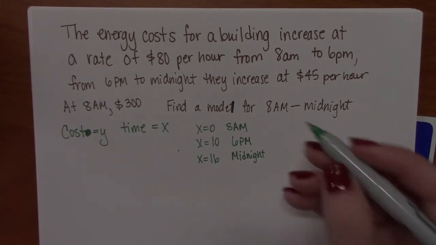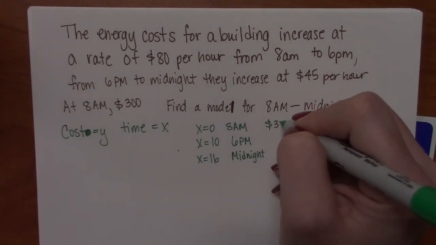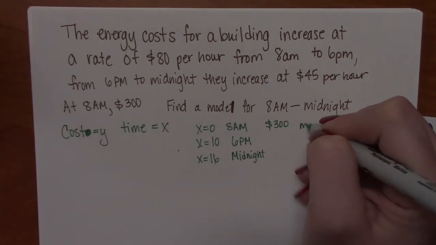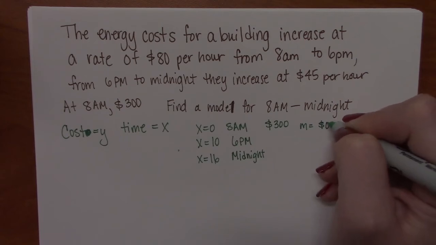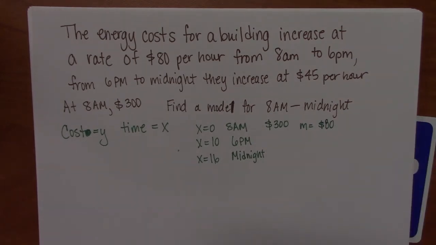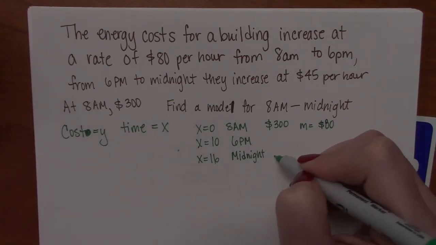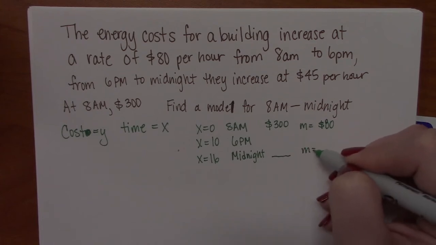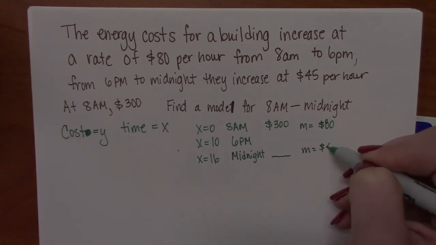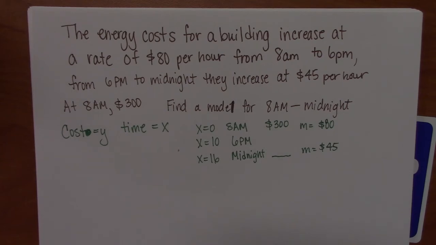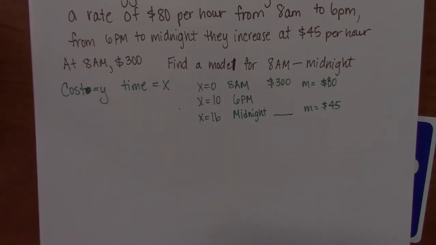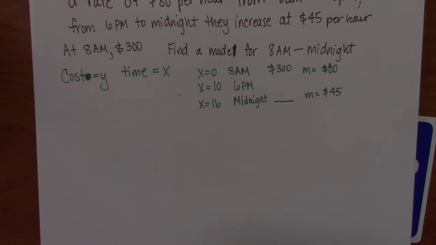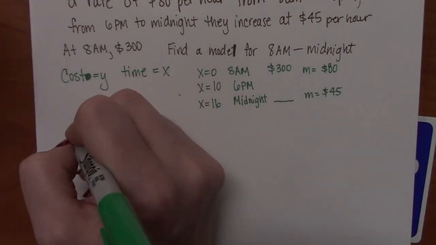So at 8 a.m., the cost is $300, and we know the slope is a positive $80, right? But we don't know a point value here yet, but we know from 6 p.m. to midnight the slope changes to $45. So let's look at modeling 8 a.m. to 6 p.m. first, because that's a little bit easier to do.